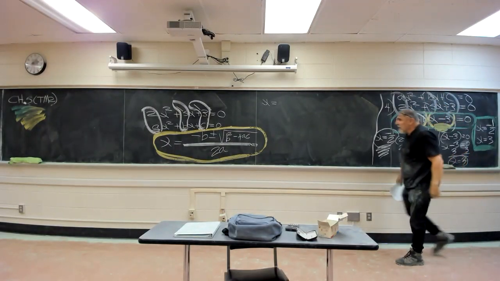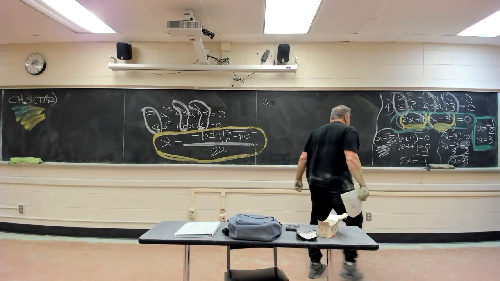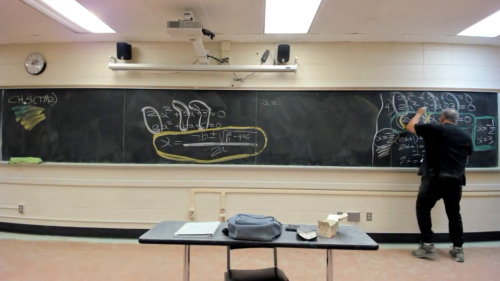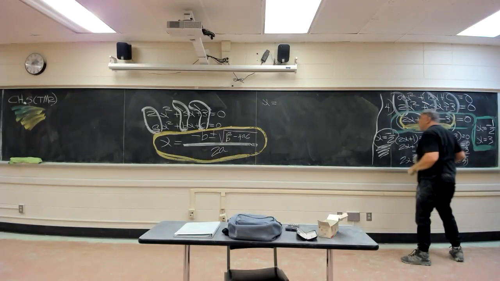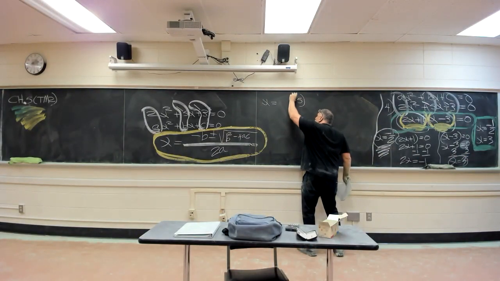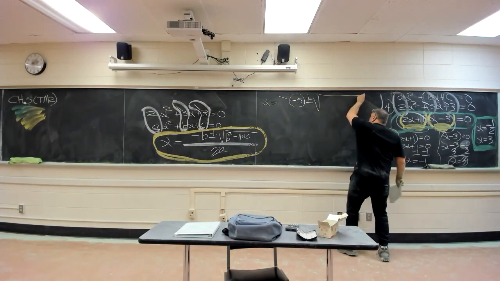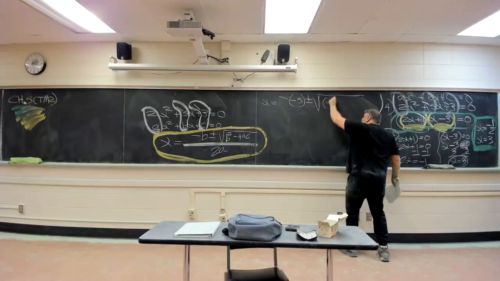So the b is a negative 5. If the b is a negative 5, you're going with the opposite of b, plus or minus the square root of b squared, which is the quantity negative 5 squared.